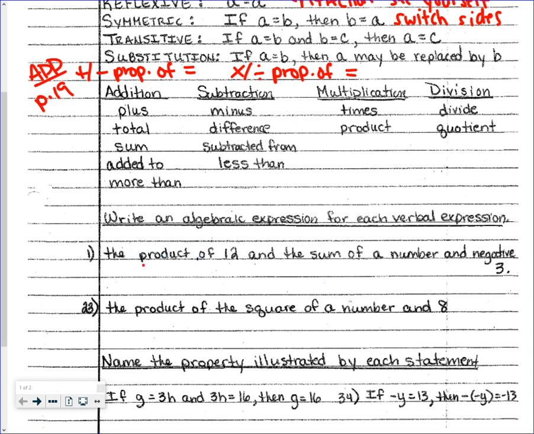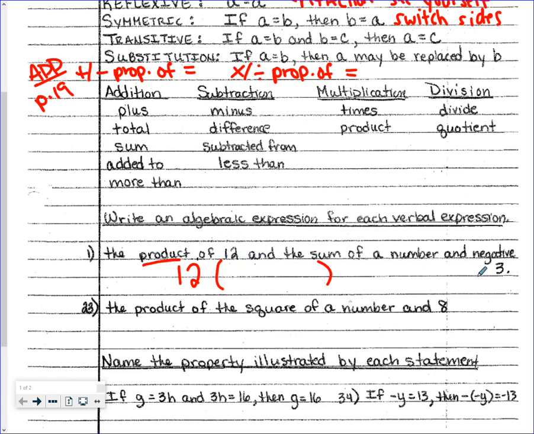The product, so we have to think about what that means, of 12 and the sum of a number and -3. So product of 12 and the sum of a number and -3. So what they're trying to say is that the sum of the number and -3 is together. So we'll need parentheses there is what I'm saying. So the product of 12 and something else. When they say the word and, I know that some people think a plus sign here. That's not what they mean. When they said product, they mean multiplication of this thing and this thing.